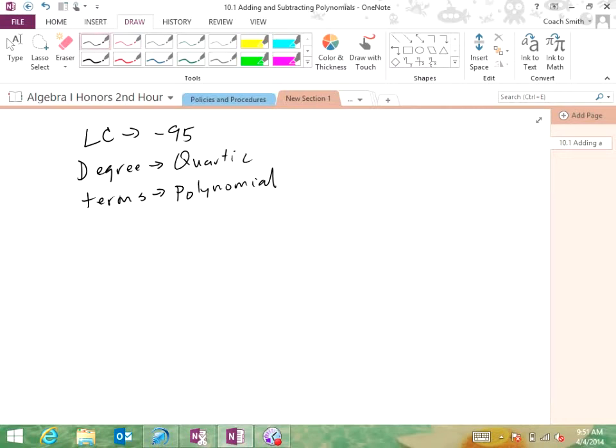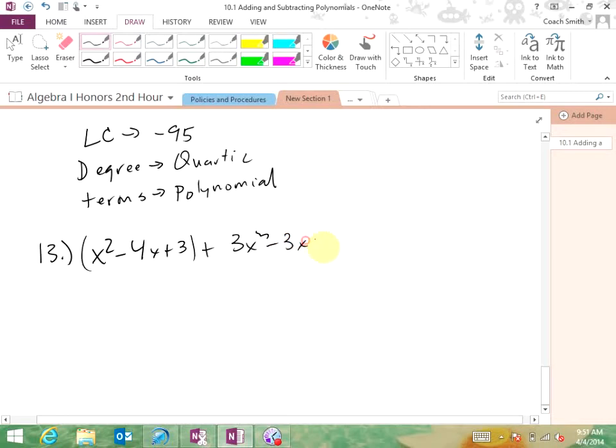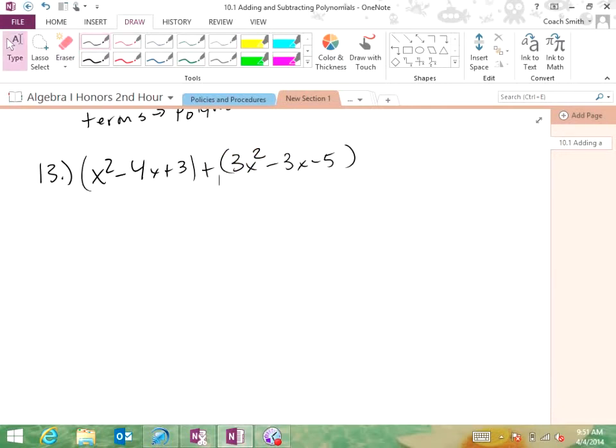Now let's look at number 13. Number 13 says x squared minus 4x plus 3 plus 3x squared minus 3x minus 5. You can list these vertically or horizontally. I don't care.